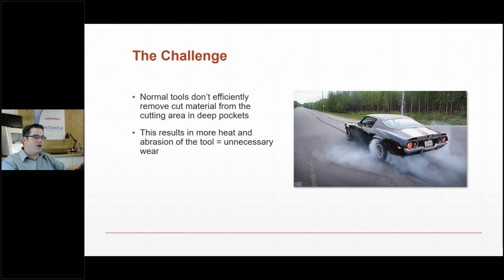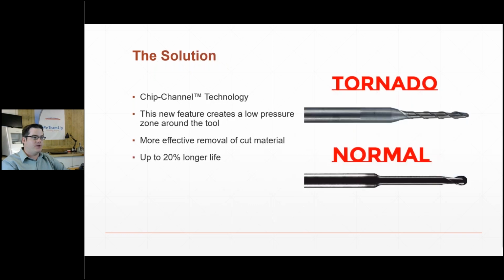So essentially what it does is, as the tool's running, it creates a low pressure zone around the tool that helps move material away from the cutting area. And what you get is a longer life and better results overall. So if you're not familiar with Tornado, it's certainly something to look at.